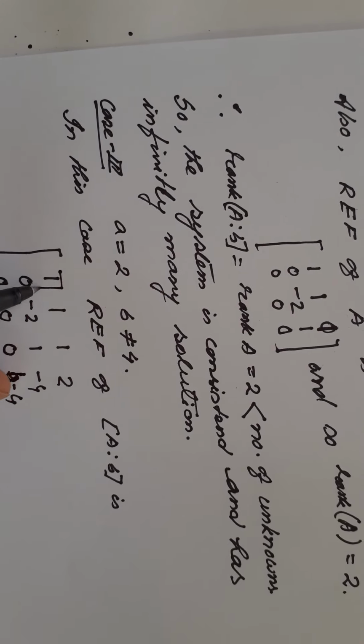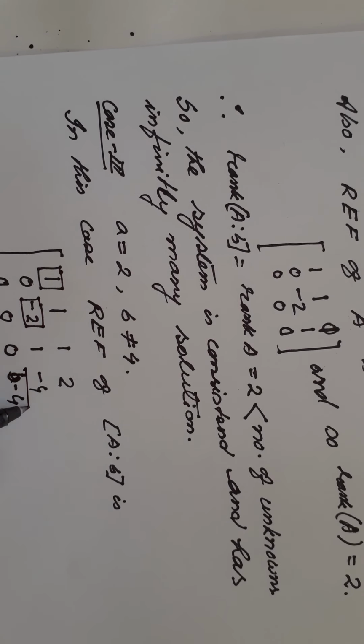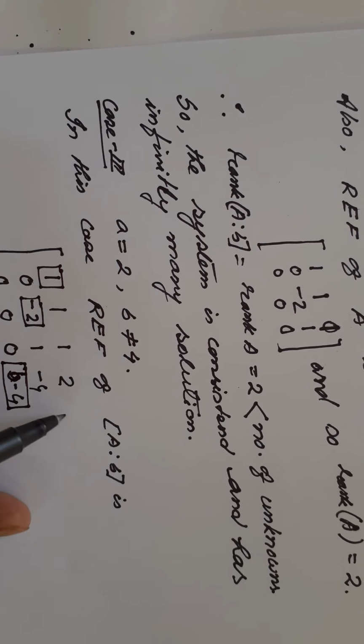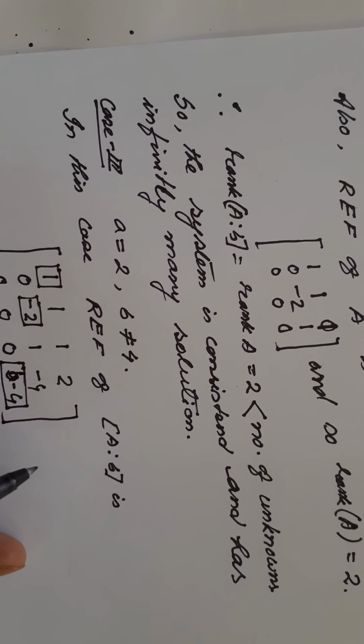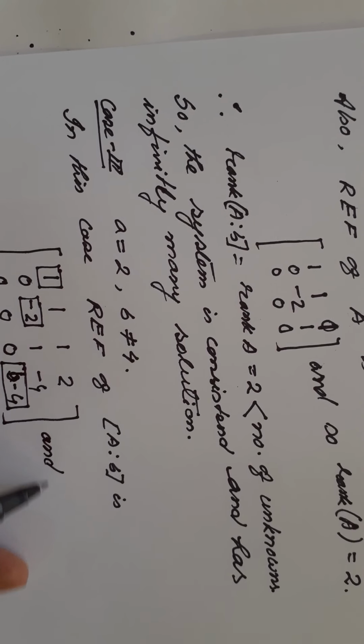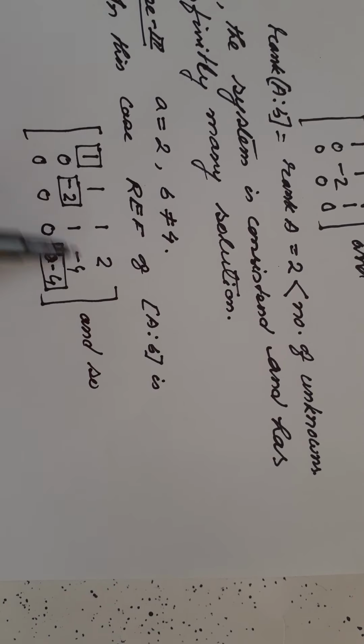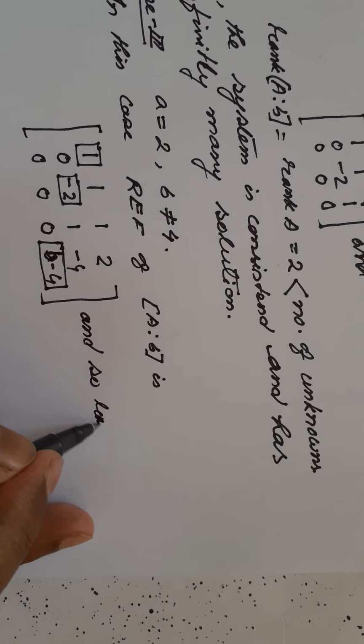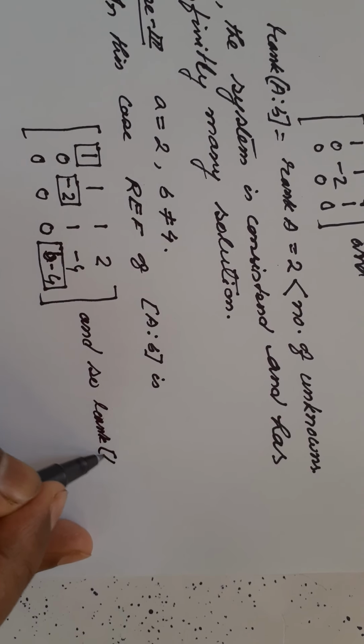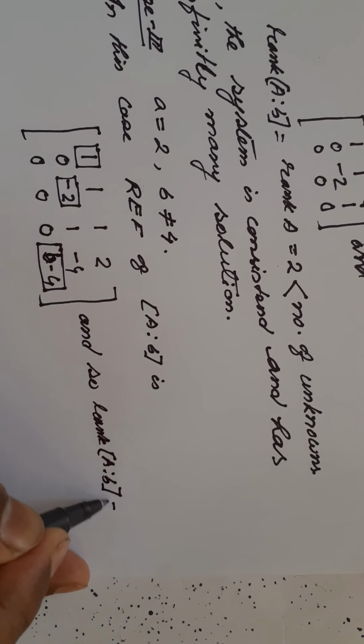So here 1 is pivot, minus 2 is pivot, and B minus 4 being non-zero is pivot. And so how many non-zero rows here? 3 non-zero rows. So rank of AB is equal to 3.